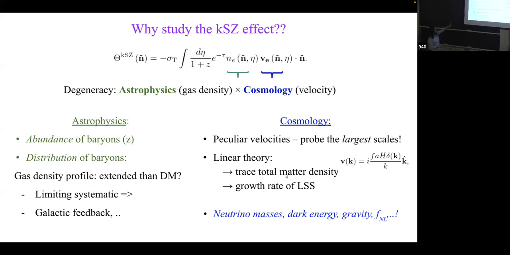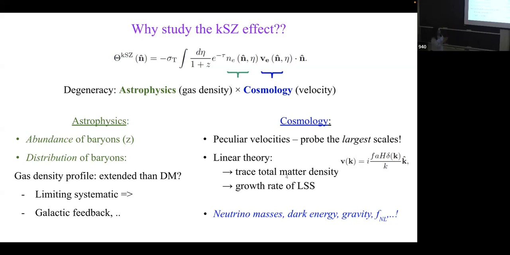So on the astrophysics side, the overall amplitude of kSZ signals that can be measured from data can tell you about the abundance of baryons at different redshifts. And this has been previously used to address the missing baryon problem. And again, by looking at the gas density profile, it can also tell you about the distribution of baryons in the intervening large-scale structure that is being probed by the kSZ effect.